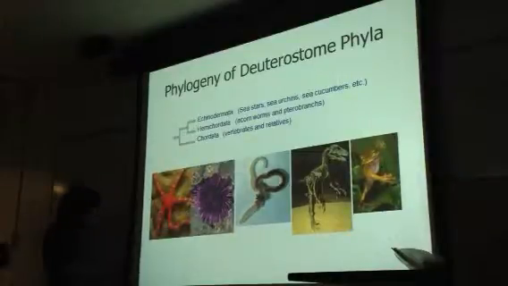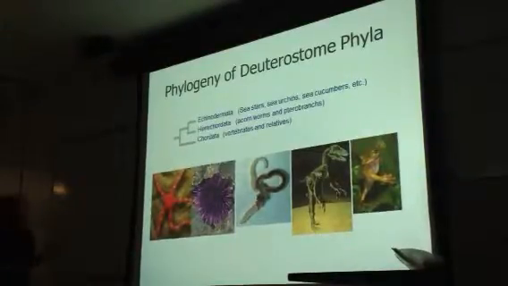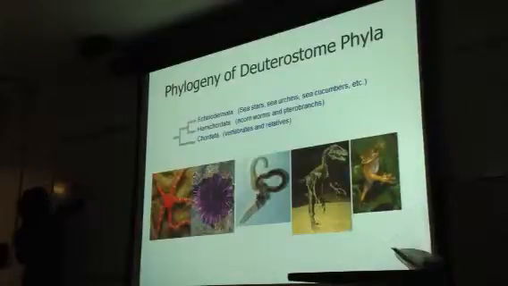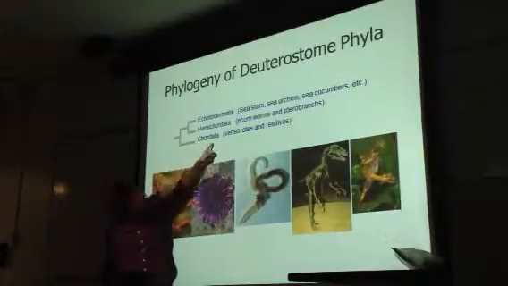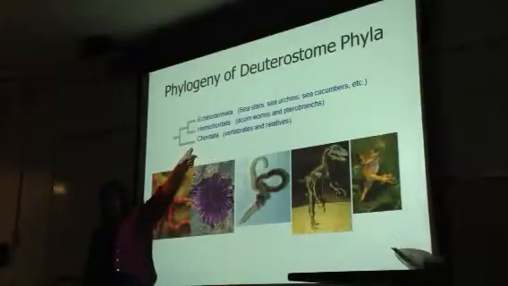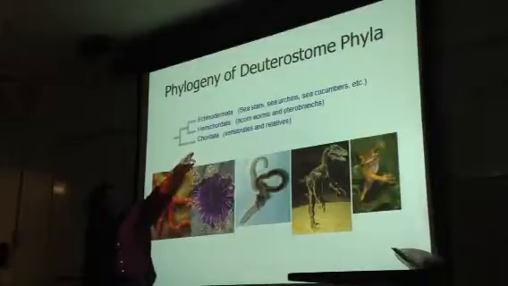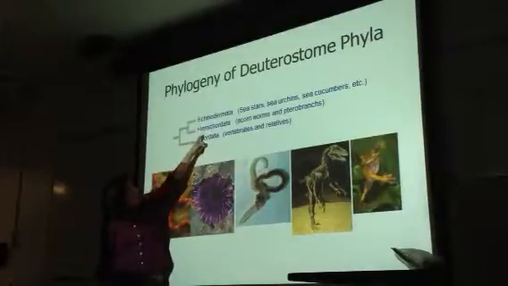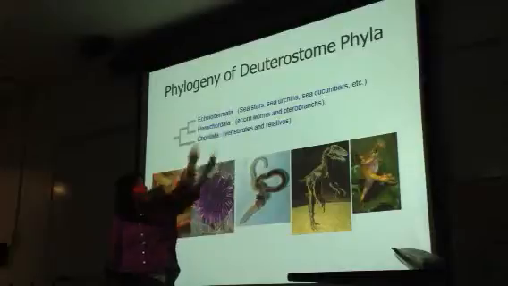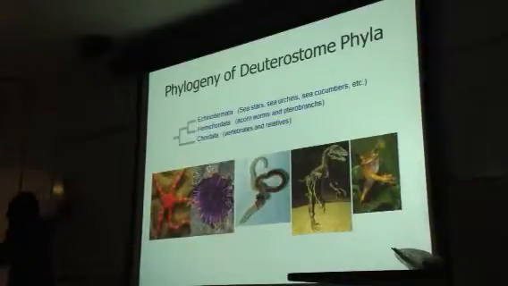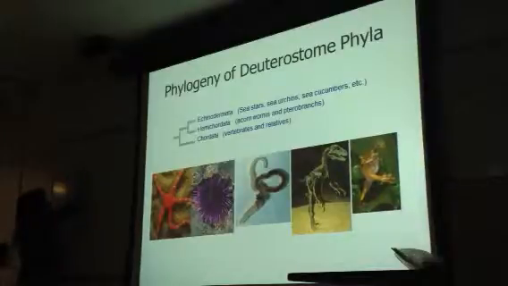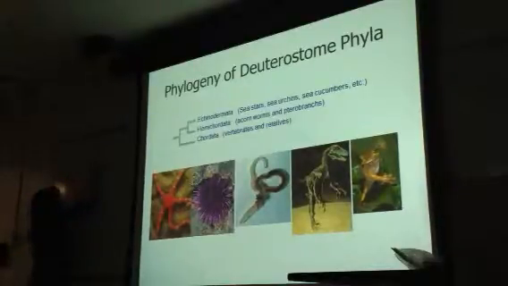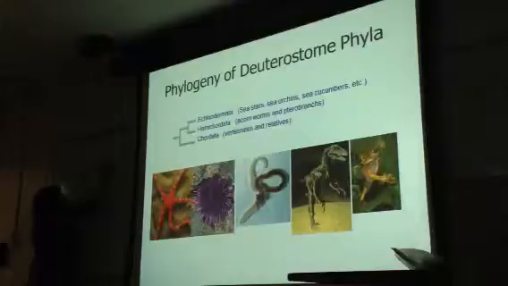What I'd like to point out though is that although the echinoderms are related to this other deuterostome phylum, the Chordata, it turns out they're more closely related to a really small group of deuterostomes called the Hemichordata. So that's the phylum Hemichordata.